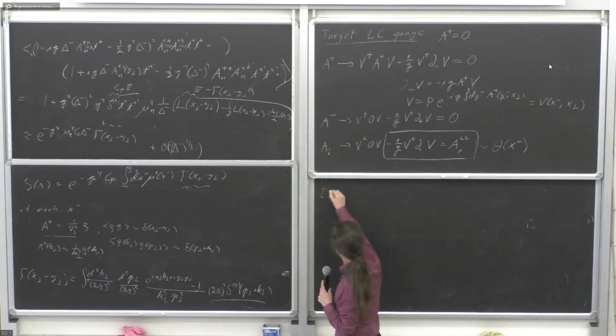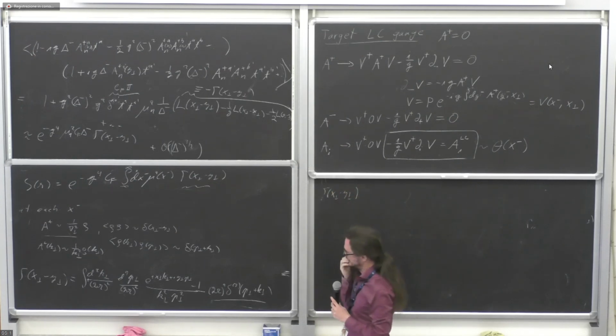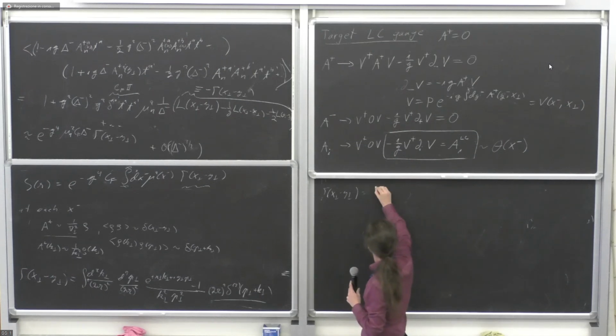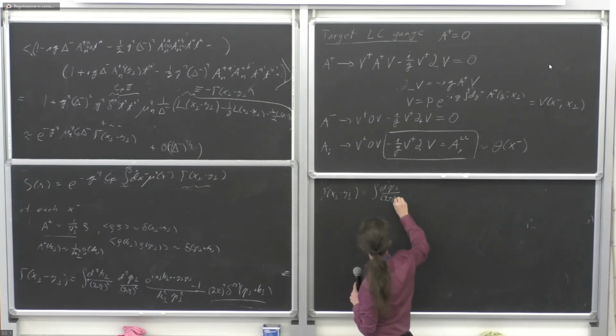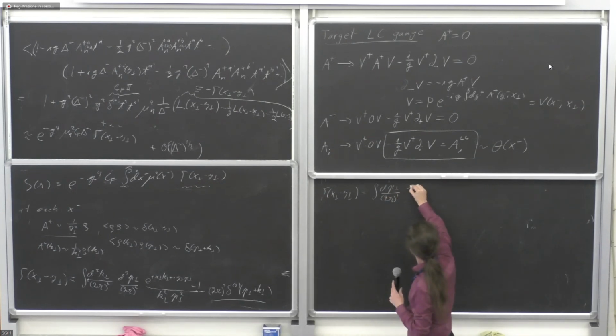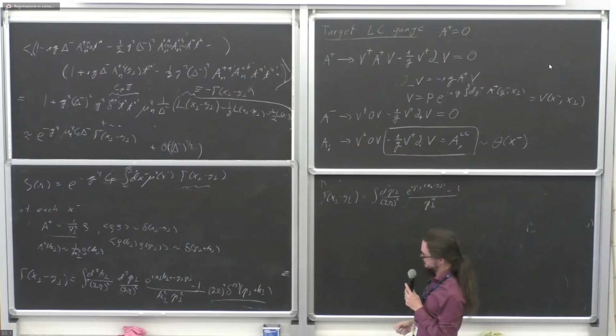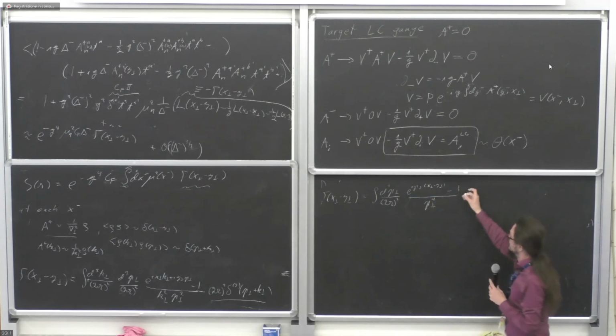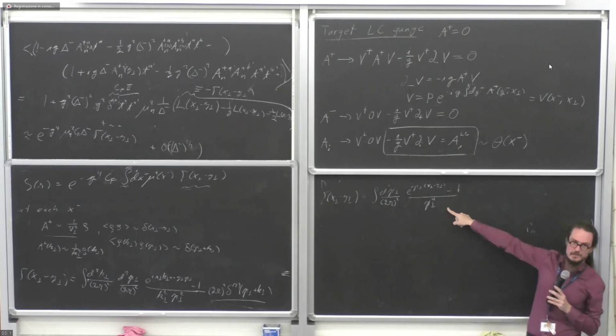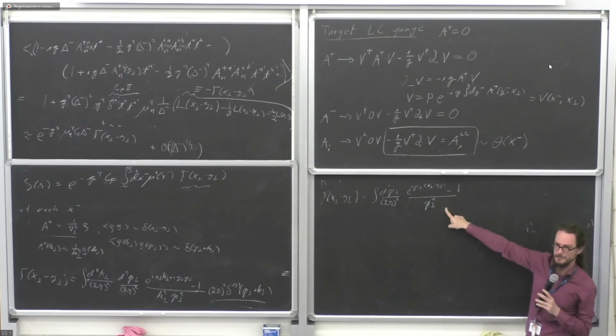So this gamma of x perp minus y perp is the integral d squared p perp over 2 pi squared, and then exponential of i p perp dot x perp minus y perp, minus 1, over p perp to the 4th, right? So this is completely sick.